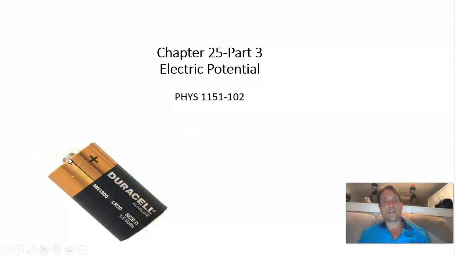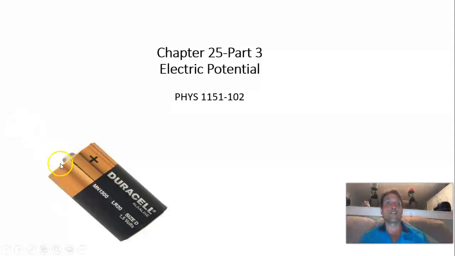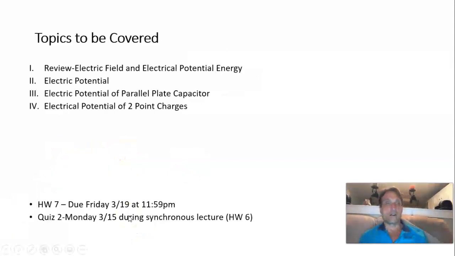So delta V is 1.5 volts between the two terminals of the battery. Often we call this the voltage, or the voltage difference between the two leads of the battery. So when we say potential difference or delta V, it's what we typically call the voltage, the difference in the voltage between the two points.